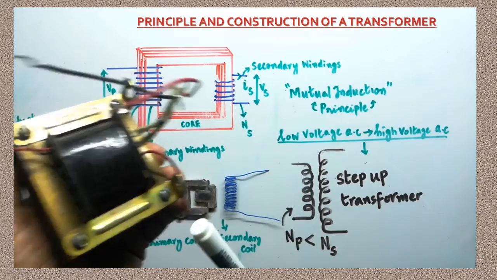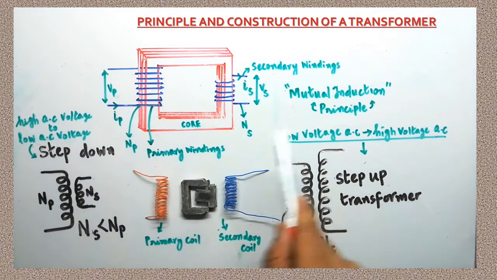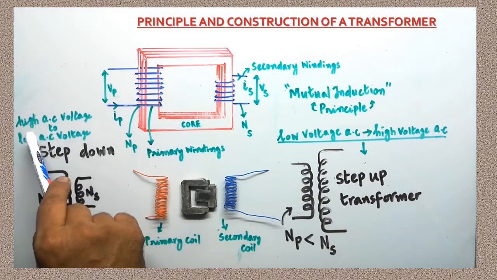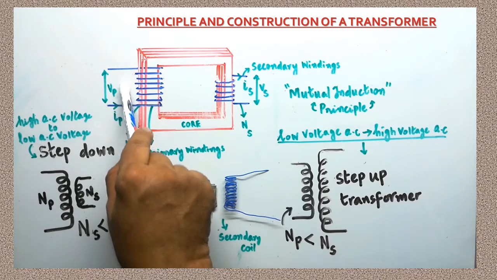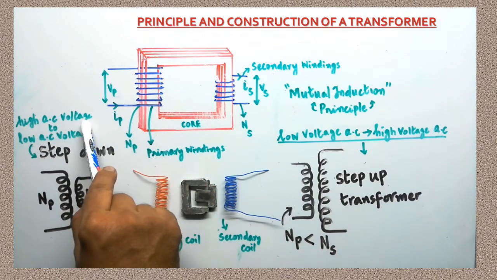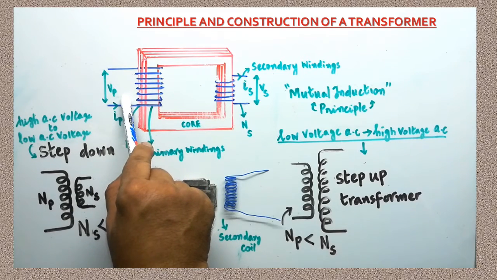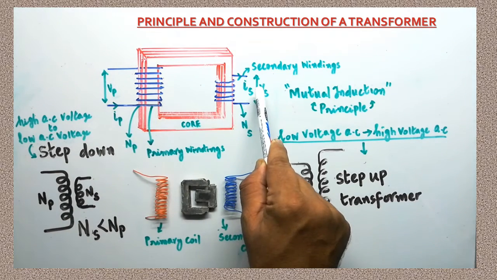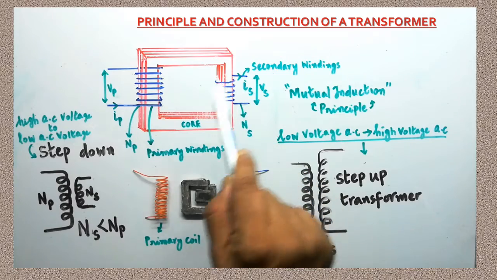Are you clear? Look at the two usages. If the voltage applied across the primary is a high AC voltage, that could be converted into a low AC voltage across the secondary.